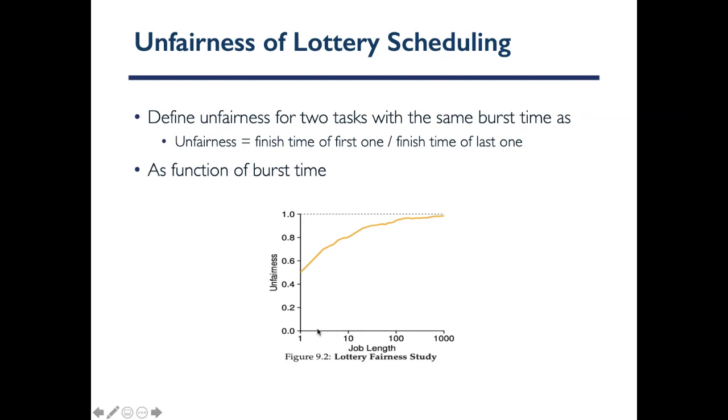As the length of the job increases, this gets closer and closer to 1, because if you have a long job, you're looking at the average time that each one of them has gotten on the CPU. On average, they're going to get equal time. So this unfairness is going to get closer and closer to 1, which shows fairness. So this is the problem with lottery scheduling.